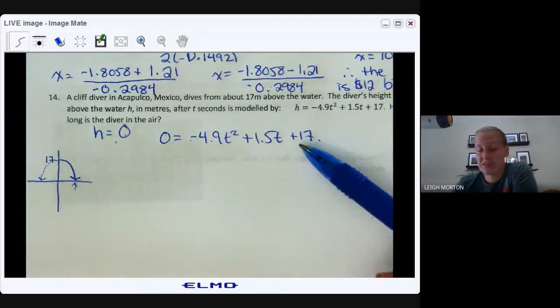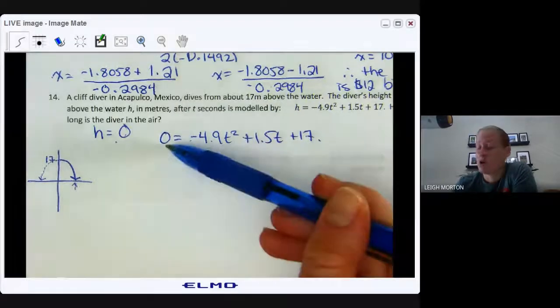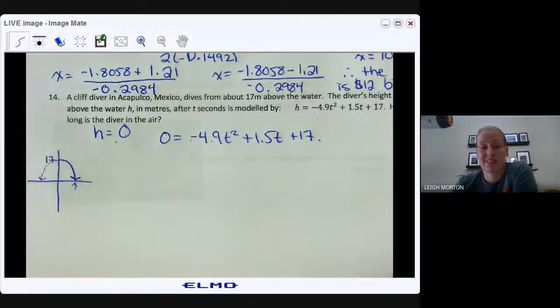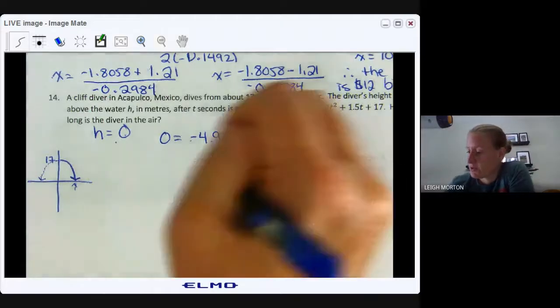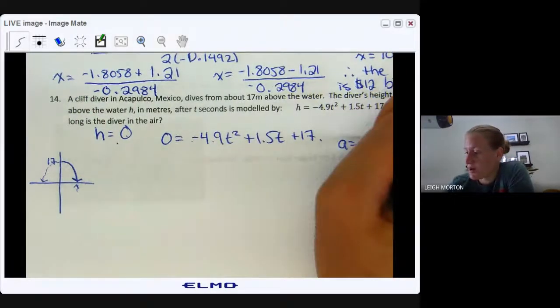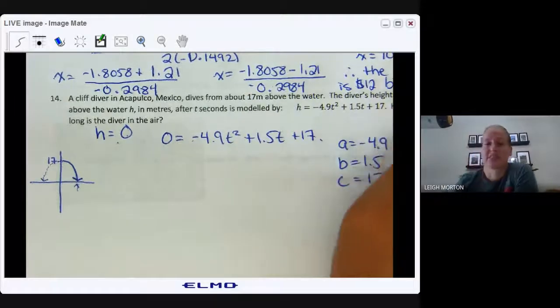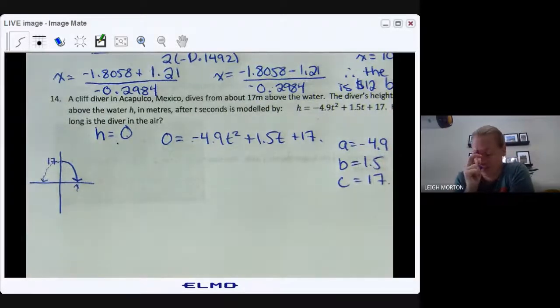I can either factor this expression and then find t that equals 0, or if it's numbers that aren't going to factor easily, like, I don't know, 4.9, I can use the quadratic formula. So a is -4.9, b is 1.5, and c is 17. Write out your full solution for quadratic formula, please.